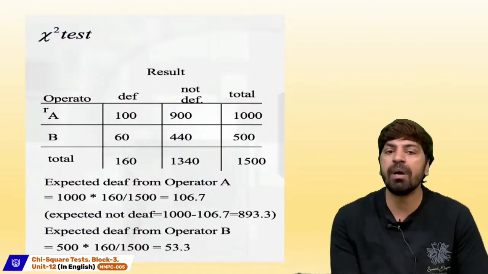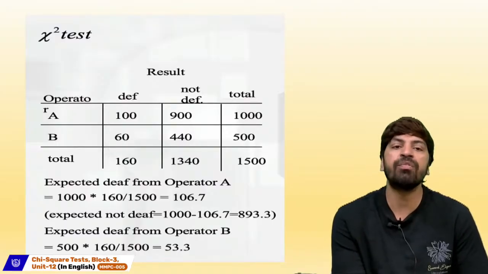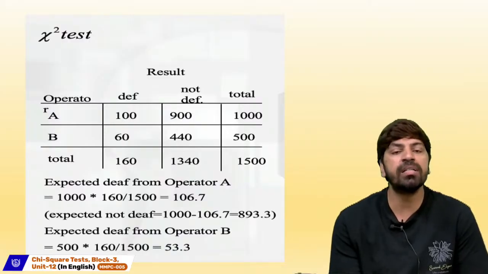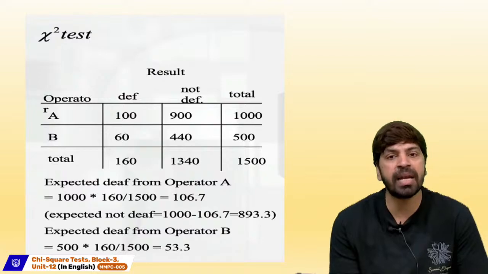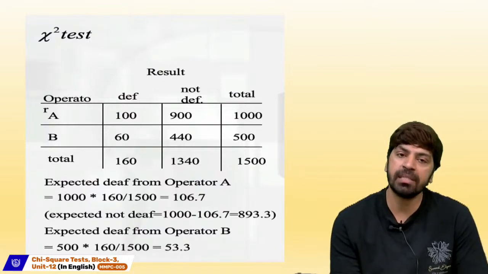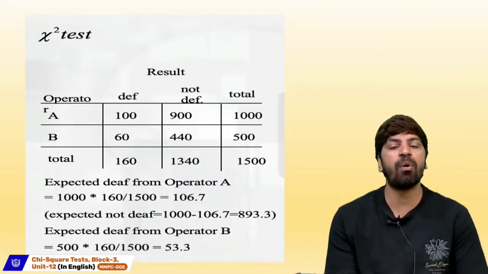Now we can come to the expected frequency of defective from operator B. So what is for operator B? Row total, that is 500, column total 160, by 1500, that is 53.3.